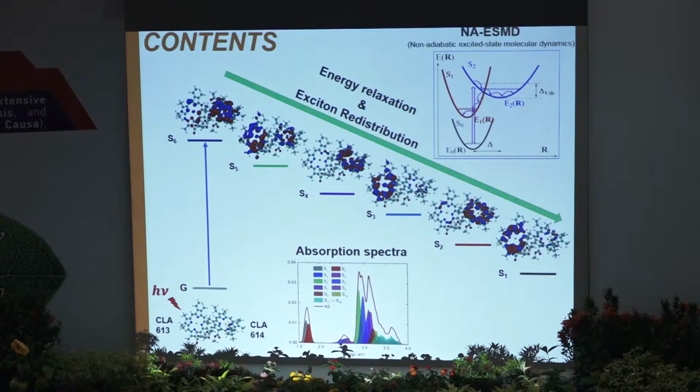S1 is the QY excitation. Here you will see these different bands. This is the QY band, this is the QX band, and this group is the B band. Our computational approach is quite flexible as well as accurate, so we can capture the entire process. Again, our approach is called non-adiabatic excited states molecular dynamics.